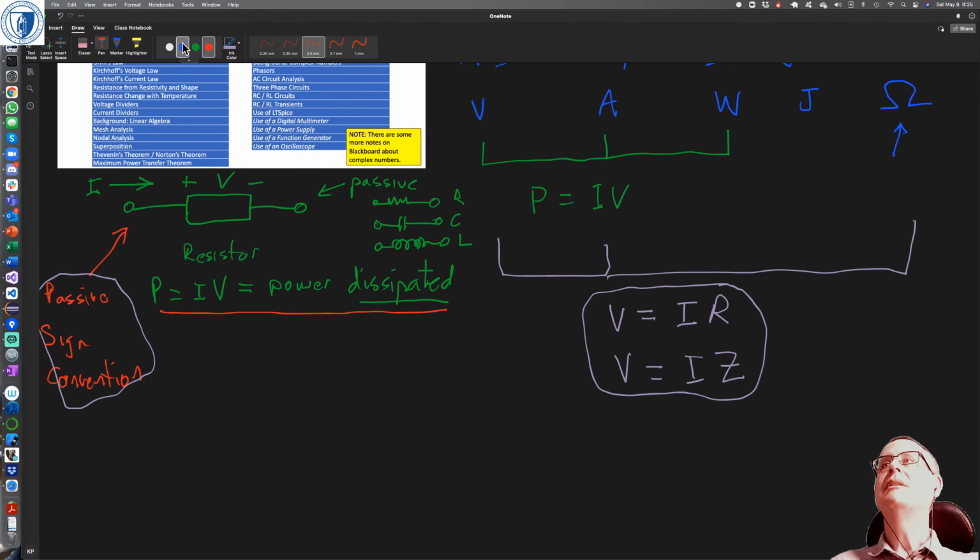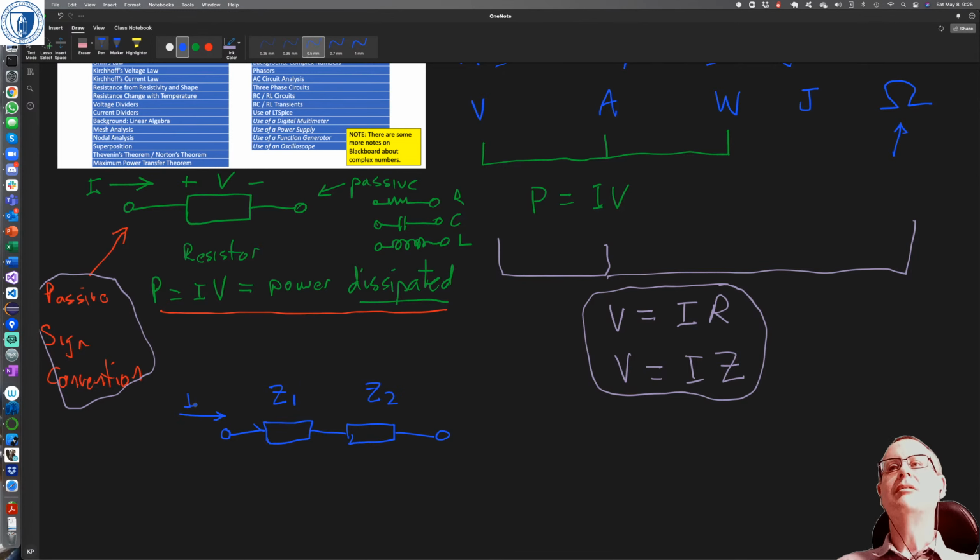So remember that if we have two, and I'm going to use the term impedances for now, because we know about impedances. It could be a resistor, but it could be an inductor or a capacitor, right? So we have Z1 and Z2.